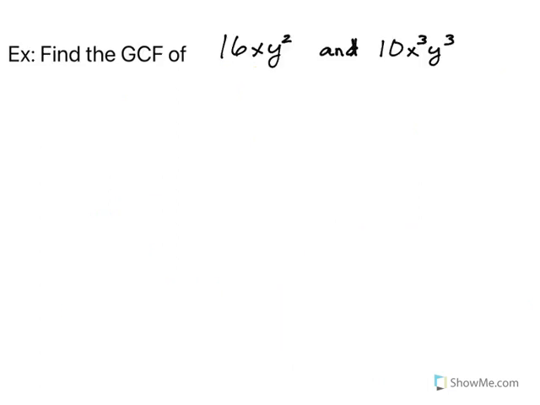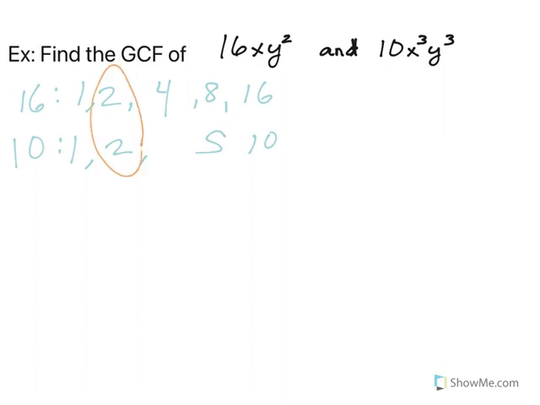Let's do another one. Find the GCF of 16xy squared and 10x to the third y to the third. Let's start with our numbers, 16 and 10. So for 16, I have 1 and 16, 2 and 8, and then 4 times 4. For 10, I have 1 and 10, 2 and 5. Greatest common factor is 2. All right, now let's go to our variables.